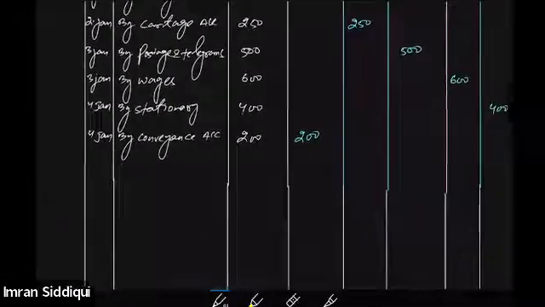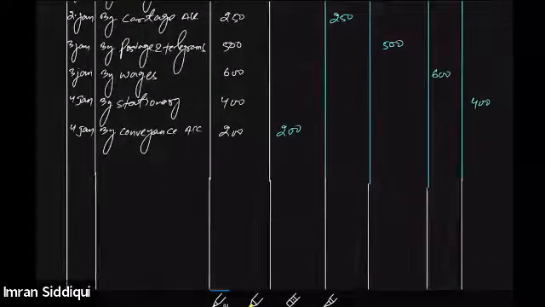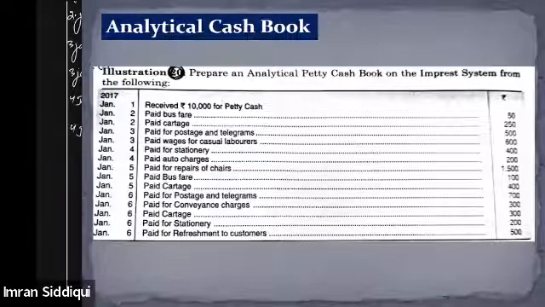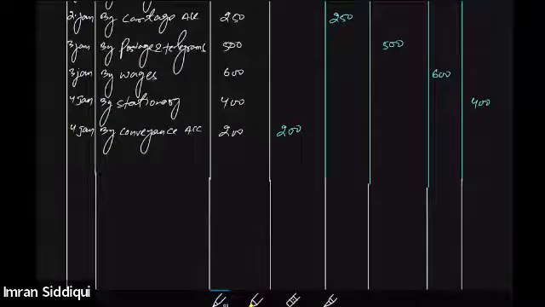All right. So next transaction on 5th of January, paid for repair of chairs. I'm considering repairs as a sundry expense, or okay, let's just consider it as a repair. I'm just considering it as a separate expense.